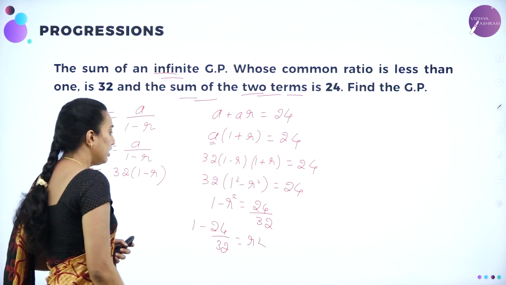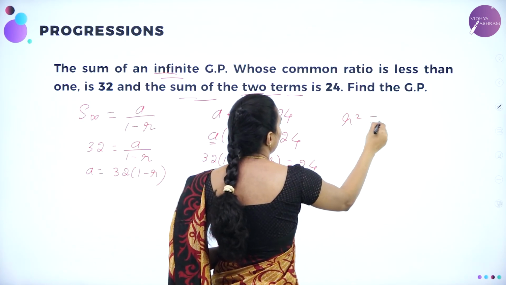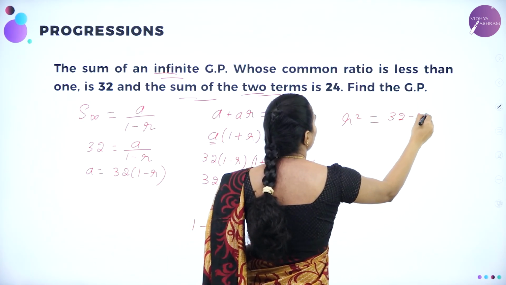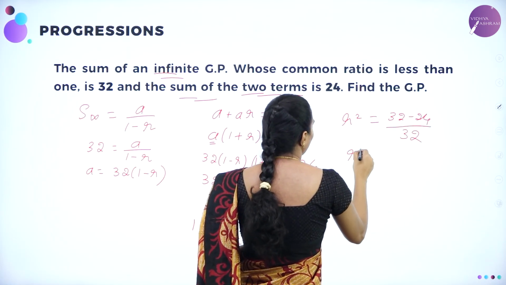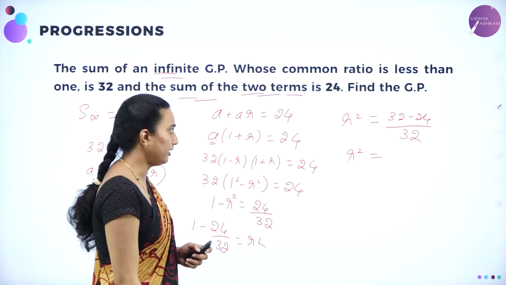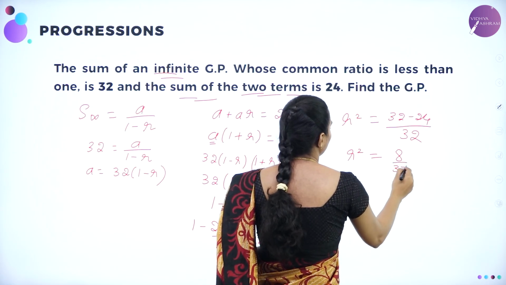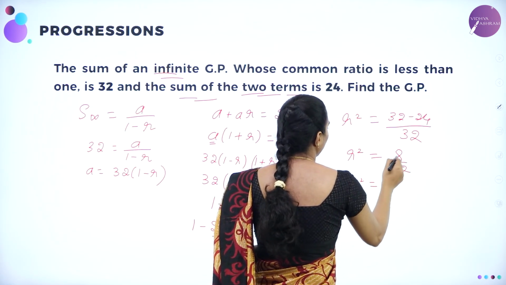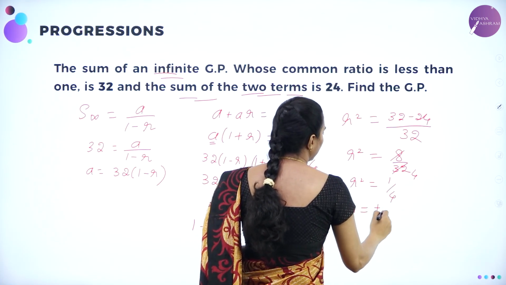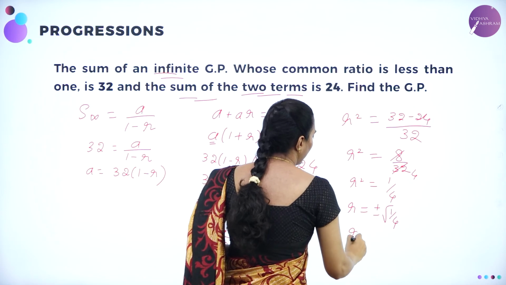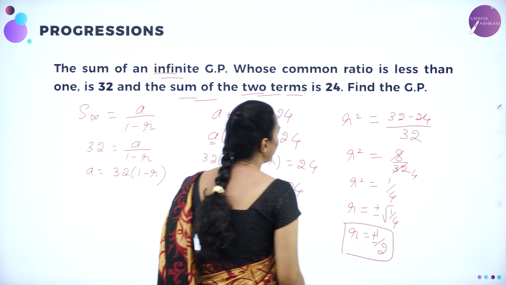So, R squared is equal to 32 minus 24 divided by 32. Now, 32 minus 24 is 8 divided by 32. So R squared is equal to 1 by 4, or R is equal to plus or minus square root of 1 by 4, or R is equal to plus or minus 1 by 2. That's how you are going to find R.